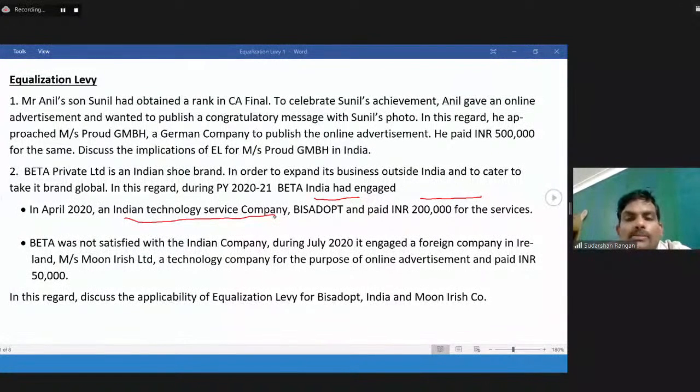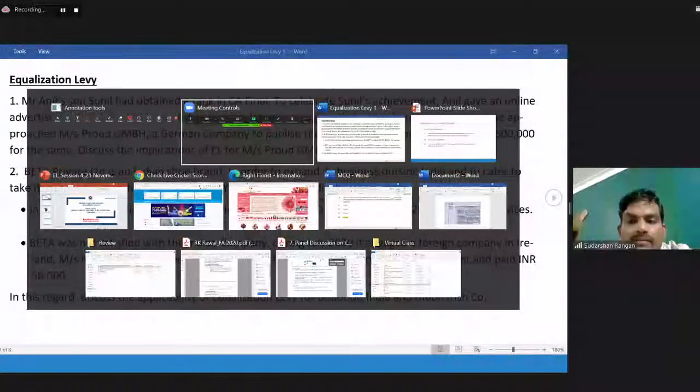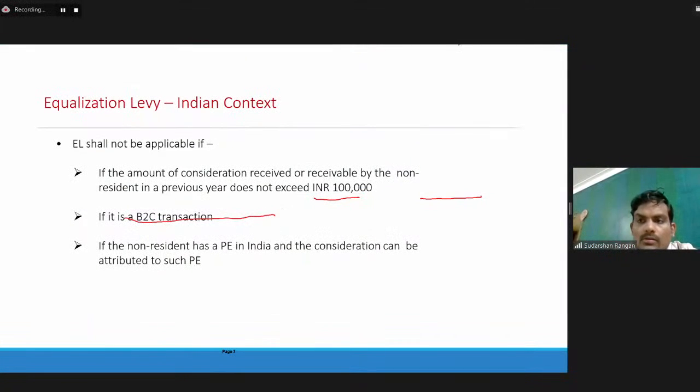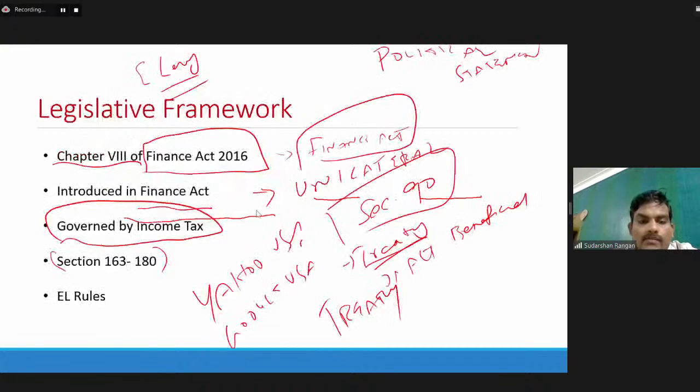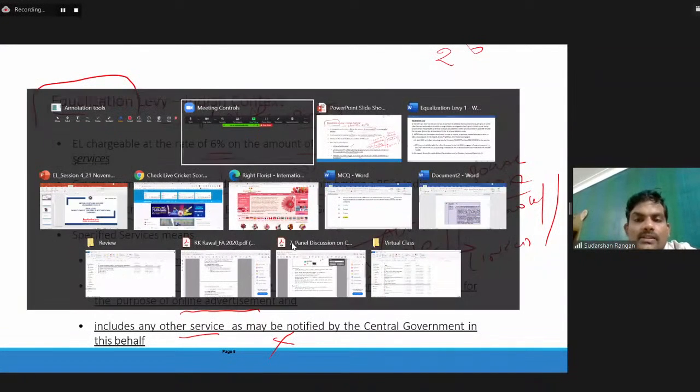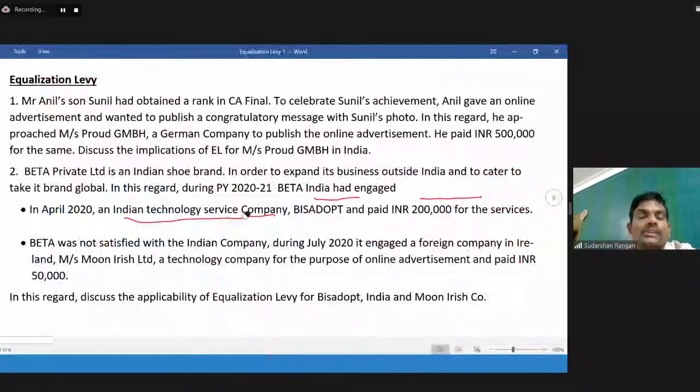Which is a specified service under equalization levy. One of the specified services, we saw 165, is online advertisement. Since online advertisement is one of the specified services, that is also satisfied.